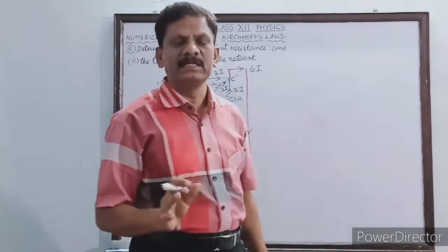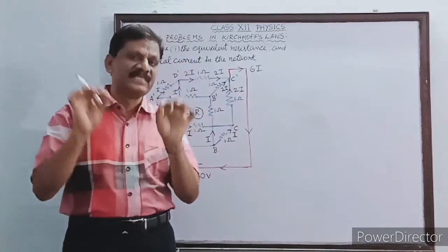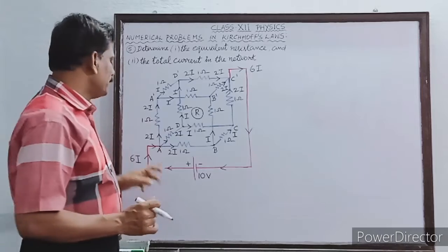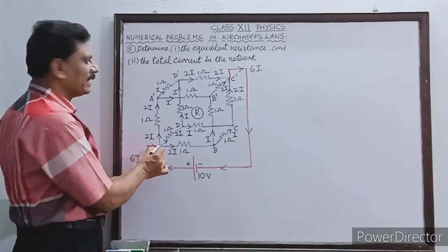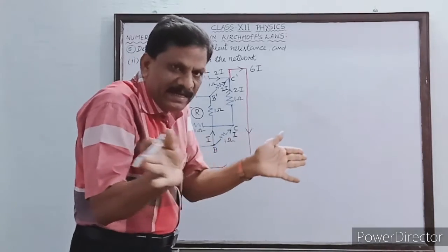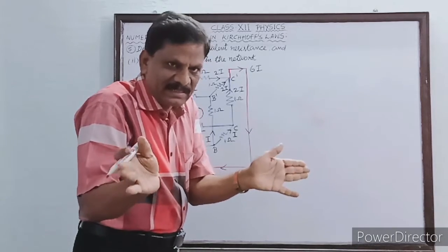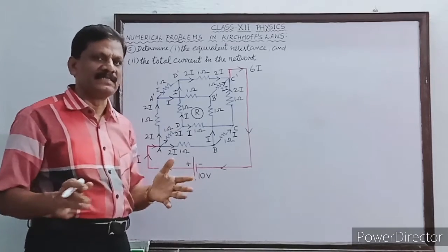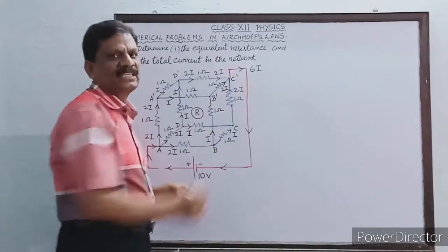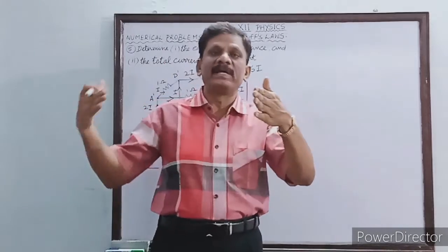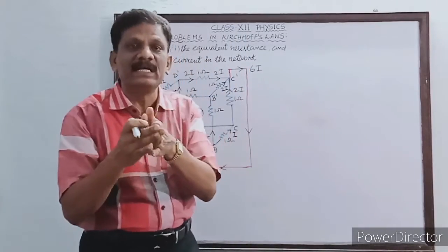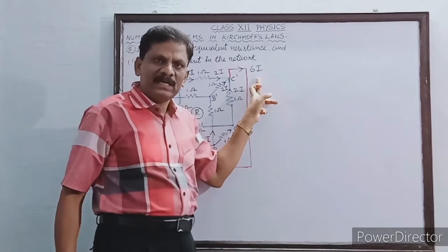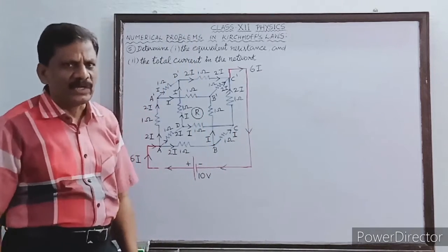The entire cubical network is symmetric and the resistors have equal values, so the current 6I ampere entering at junction A divides equally as 2I ampere in the 3 branches, and once again divides as I ampere and I ampere through the different branches. Finally, when it reaches junction C, all the currents 2I, 2I and 2I meet and the net current becomes 6I ampere. So very clearly you understand the circuit.